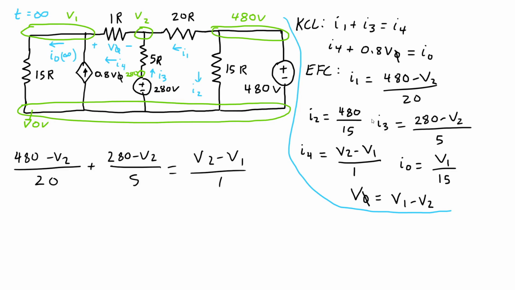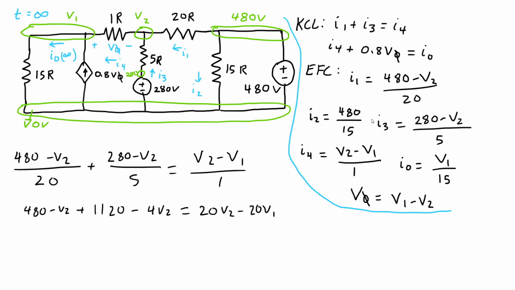I'll multiply everything here by 20. So that's going to be 480 minus V2 plus, what's 4 times 280? 1120 minus 4V2 equals 20 V2 minus 20 V1.